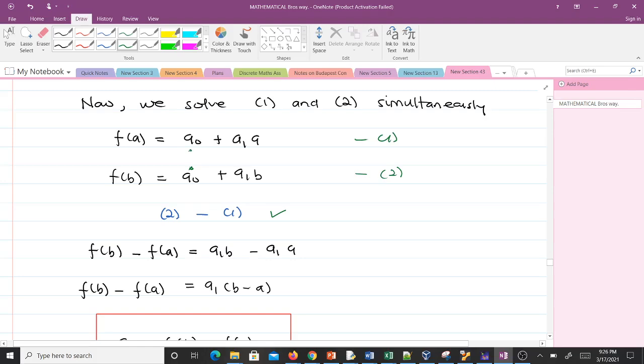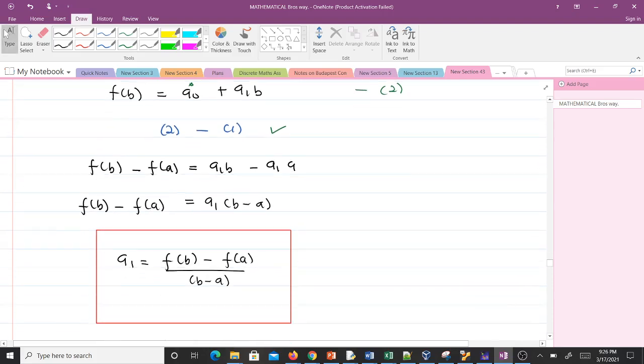And then since a1 is common, we can factorize that one out and we have this. Then from here we can easily find a1 by dividing through by b minus a. So when we do that, we get a1 will be equal to f of b minus f of a all over b minus a.